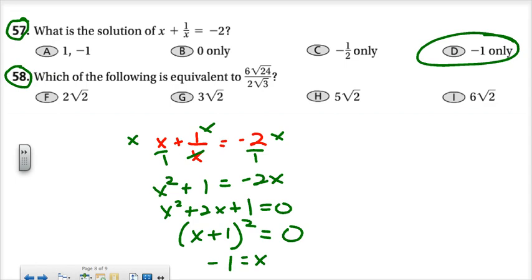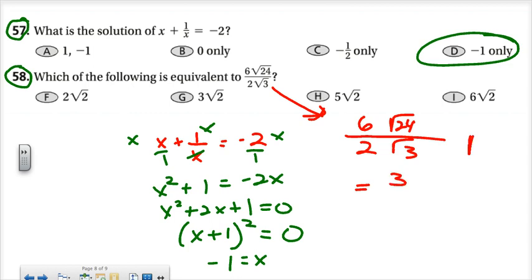58 says, which of the following is equivalent to 6 over 2, and then we have the 6 square roots of 24 over the square root of 3. Yeah, I'm catching myself because I'm already going through that canceling process. 6 over 2 is 3.